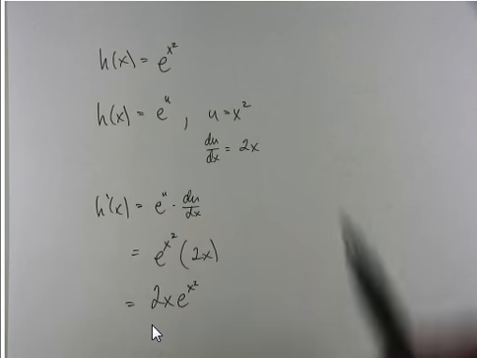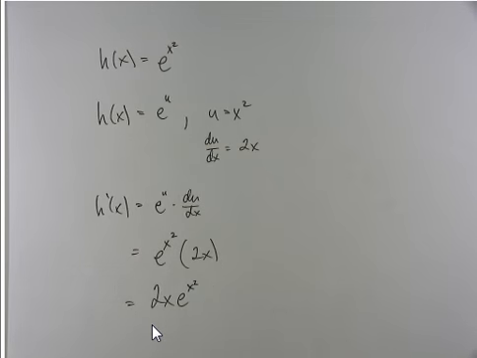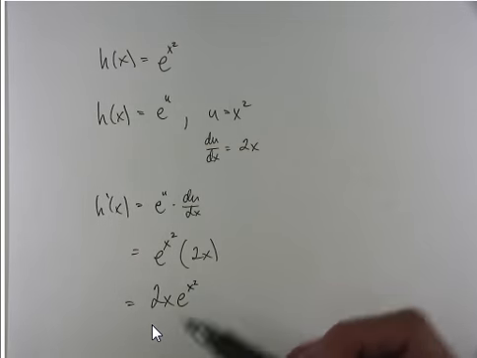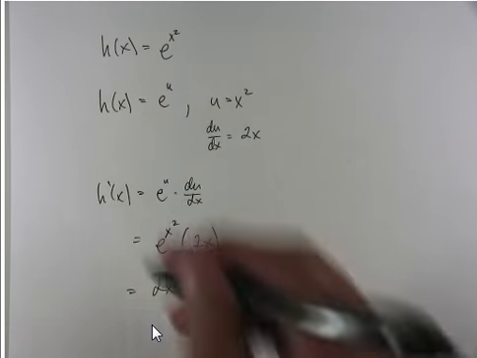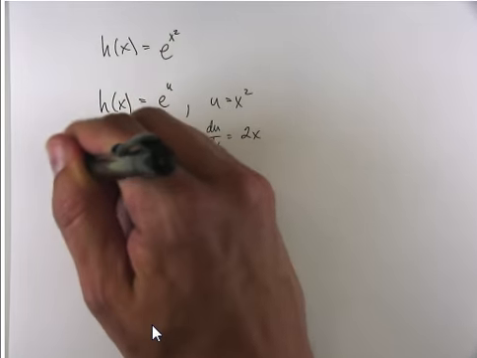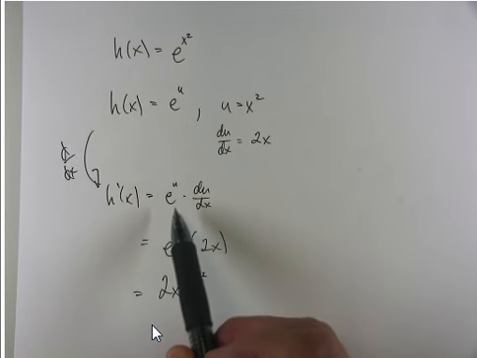So the reason that I presented it this way, there are a couple of reasons. One, as we move forward, this type of recognition that I'm taking the derivative with respect to x, and this x doesn't match up with the u that I defined, will be helpful.